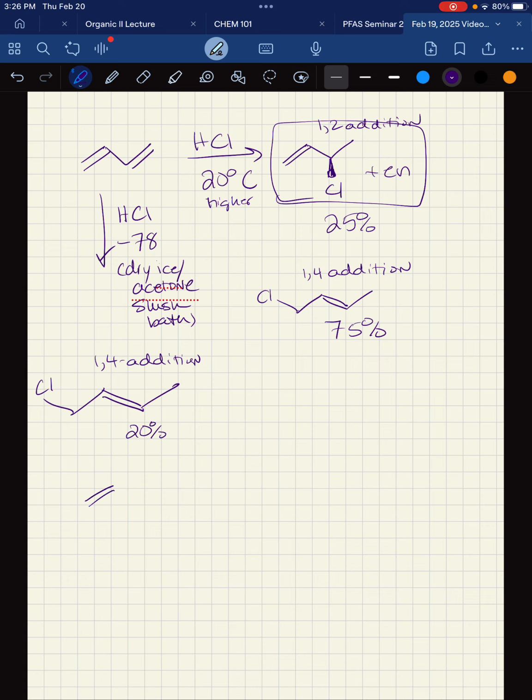And for the kinetic product, the 1,2 addition product, or I guess the mixture of those two enantiomers, we tend to get about 80%. So again, this is the kinetic product. This is the thermodynamic product.